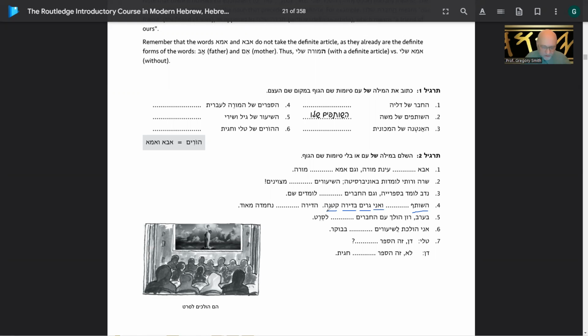Okay. Oh, okay. Living in a small apartment. So Badira, Katana. So Badira is apartment. בדירה. Badira. Okay, so Badira is apartment. Garim means residing in, and it has to be a plural.